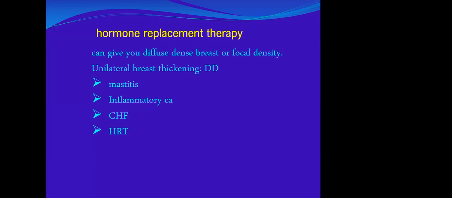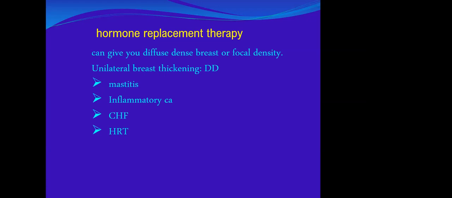When it is focal or unilateral, then it will result in a challenging abnormality or challenging problem, especially in the elderly woman. And as we mentioned, ask the patient to stop or discontinue the hormonal replacement and repeat the mammogram. If it doesn't resolve, then proceed for biopsy to exclude malignancy.